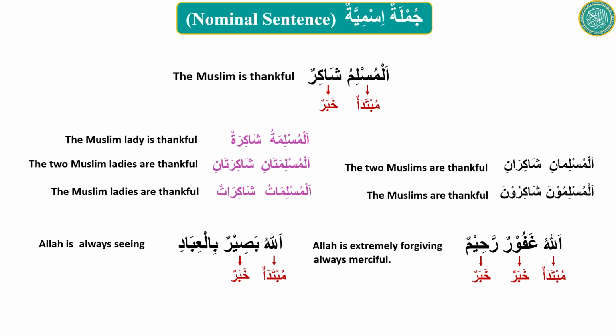Bil-ibad, with the slaves. So B plus al-ibadu, it became bil-ibadi. So you know it's a jar majroor, right? B is a jar. Al-ibadi is majroor. Jar majroor. It's a fragment.